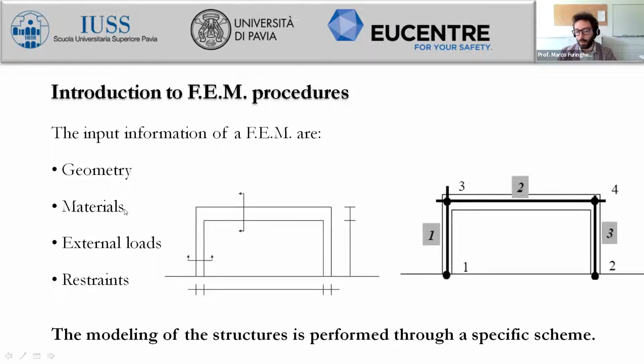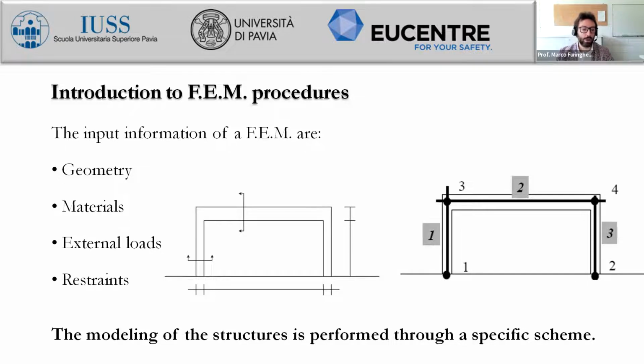Then materials. We have also to model materials with respect to what is provided by the code, and with respect to what is provided also from the capacity of the software. Then the external loads, which represent actually a very important aspect, because according to the external load, the application of them to all the elements, we will compute the internal forces for the elements, according to which we will check and design some internal portions of the structure.